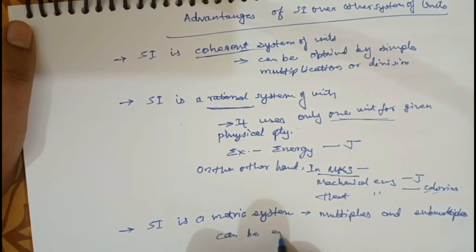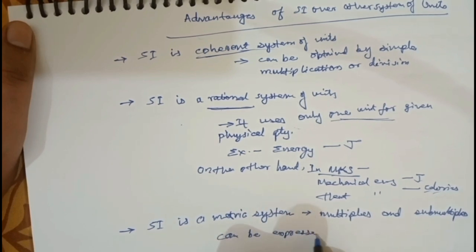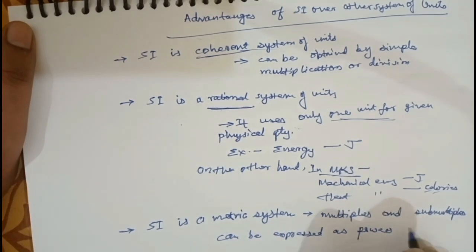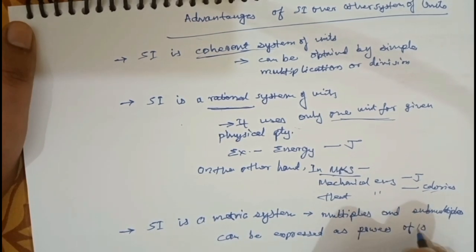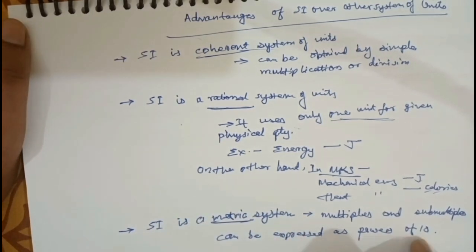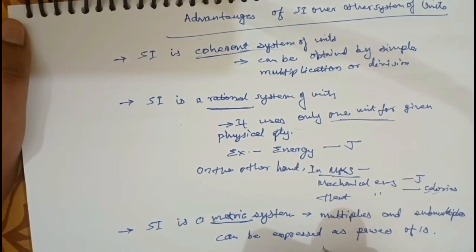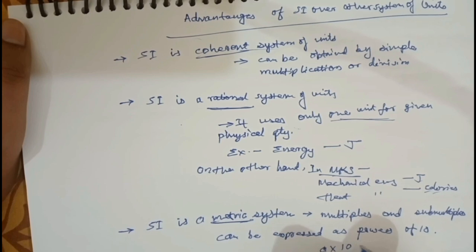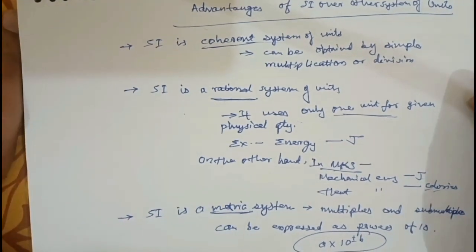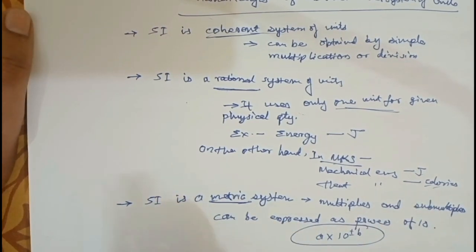That is, in the form A times 10 to the power plus or minus b. Simply we should remember it can be expressed as powers of 10, so it is a metric system.